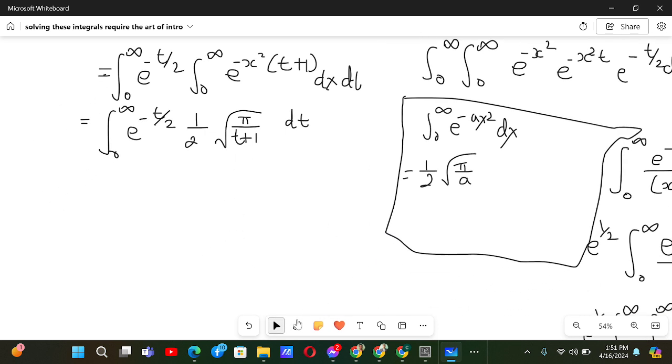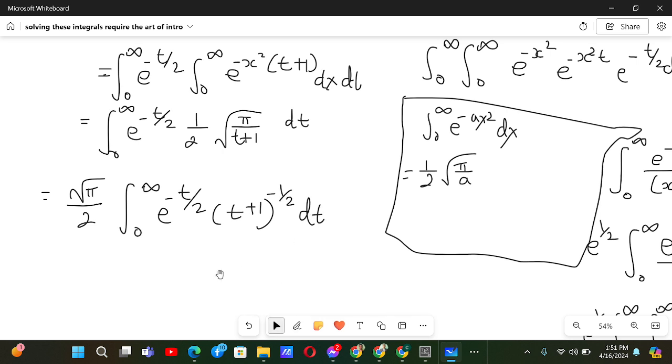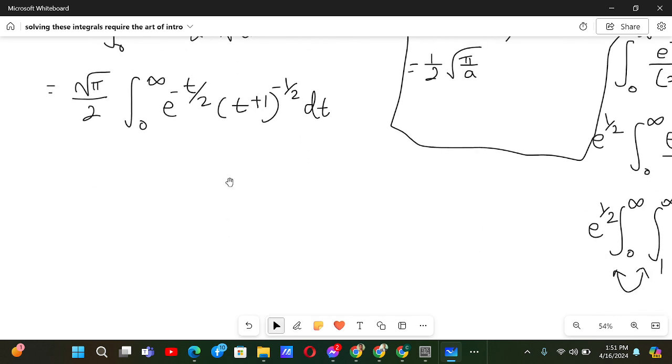Now let's take these things out. Root pi by 2 outside, that leaves us with the integral from 0 to infinity e to the power minus t by 2, t plus 1 to the power minus 1 by 2 dt. How do we deal with this? Usually in such cases, where we have fractional powers, we try to make this a single term. So let's do that.